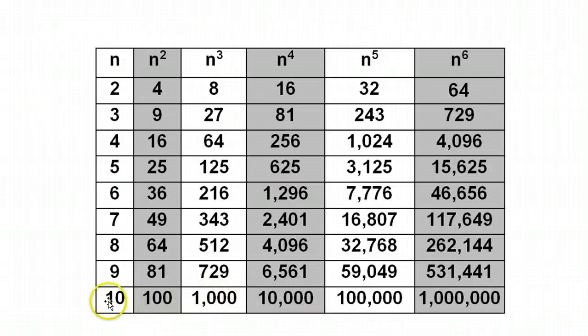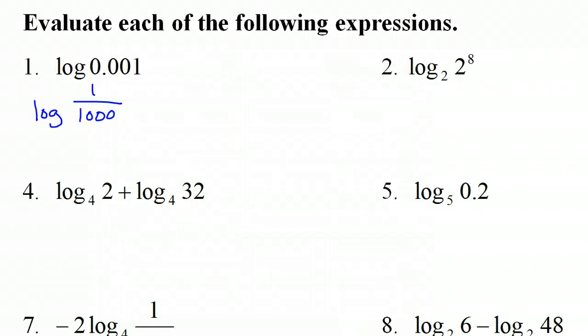Now, 1,000 is 10 to the third power. You might have guessed that by the fact that it has 3 zeros. Alright, 10 to the third power has 3 zeros, 10 to the fourth power has 4 zeros, and so on. So that means this is just like having log of 1 over 10 to the third power.